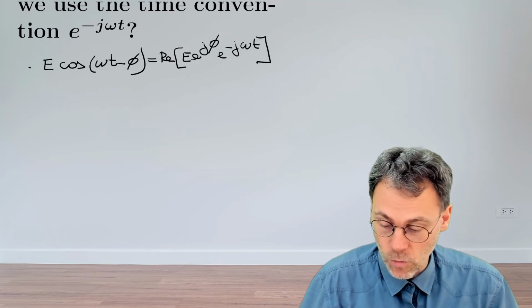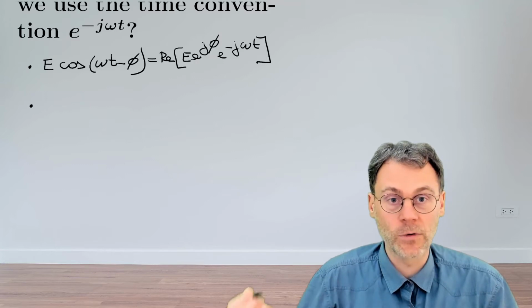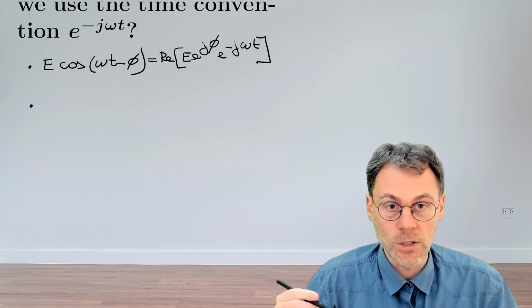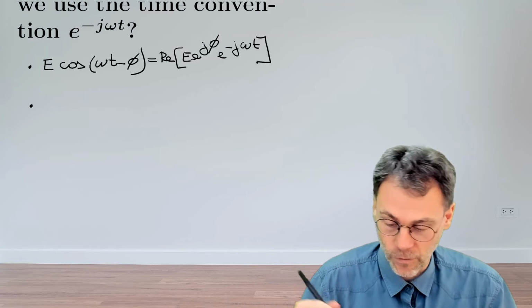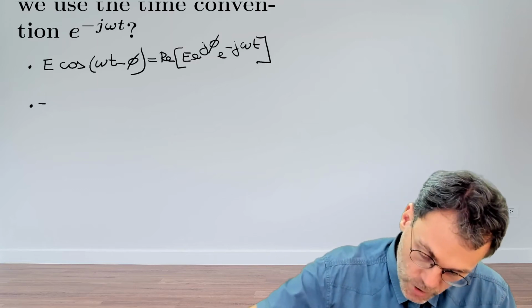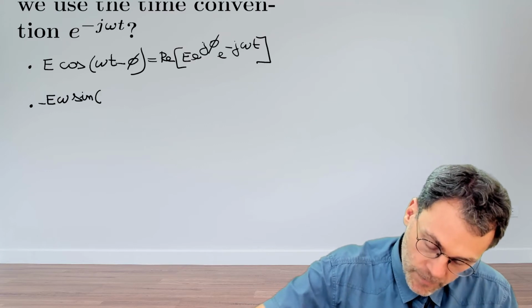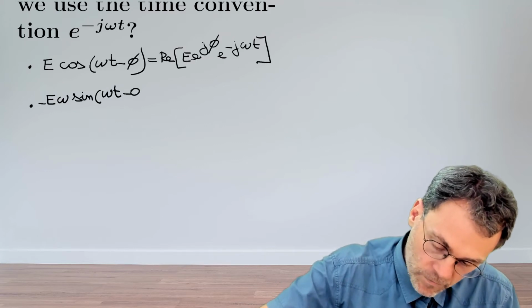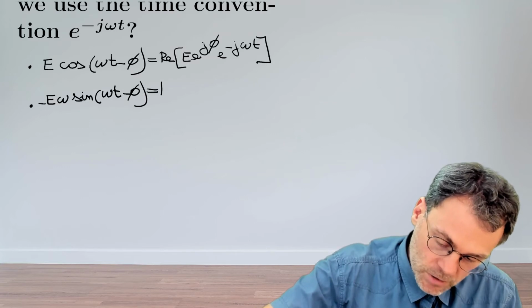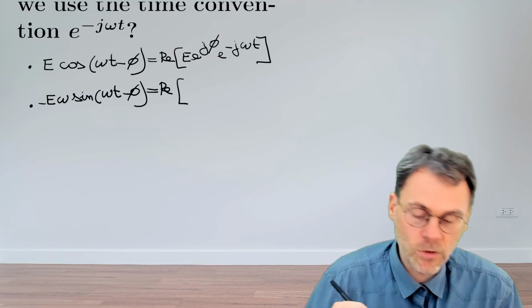Now the question is, what is the phasor that corresponds to time derivatives in this particular case? So let's take the time derivative of the left-hand side, which becomes minus E omega sine omega t minus phi. And then the question is, what is the phasor that corresponds to that?